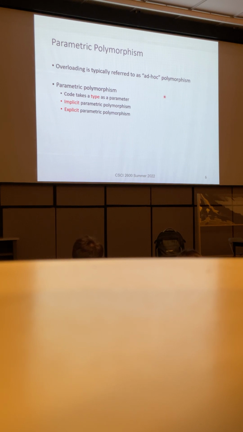Okay, and the way parametric polymorphism is implemented can be implicit or explicit. For example, in Java, parametric polymorphism is implemented explicitly, as it is in C++, for example. Can someone give me an example of a language where we would have implicit parametric polymorphism?